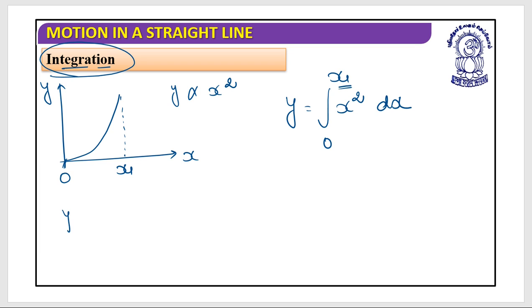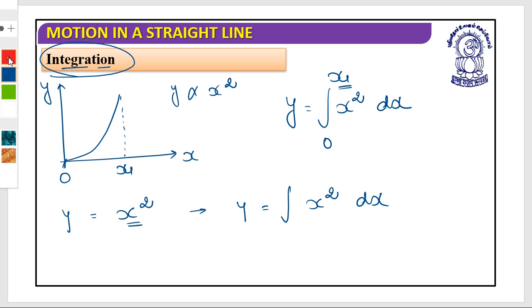Let's say y is equal to, suppose, x square, and I need to integrate this. Then I will say y is equal to the integration of x square dx. Can you see this shape?